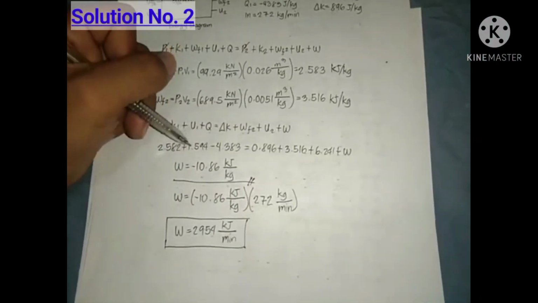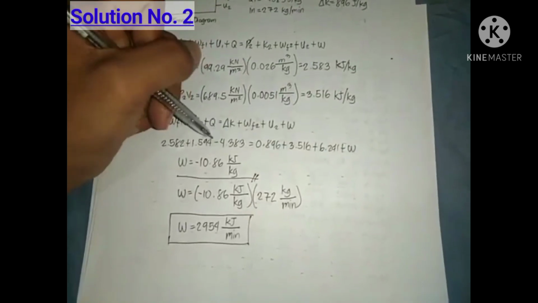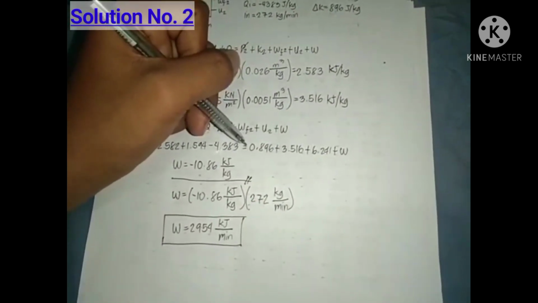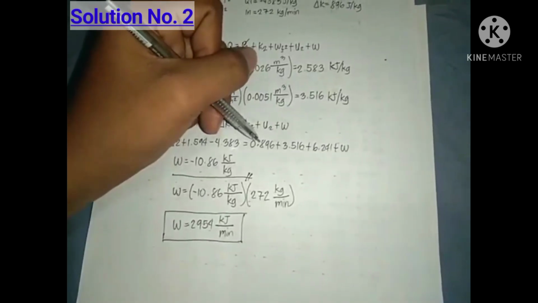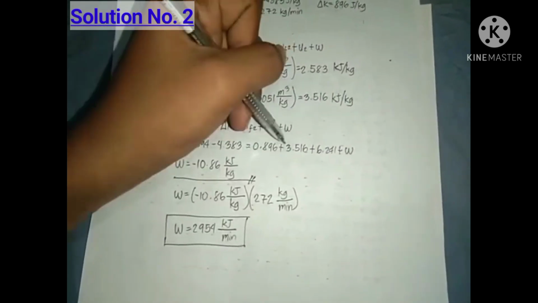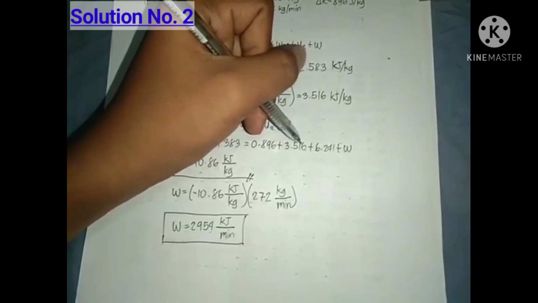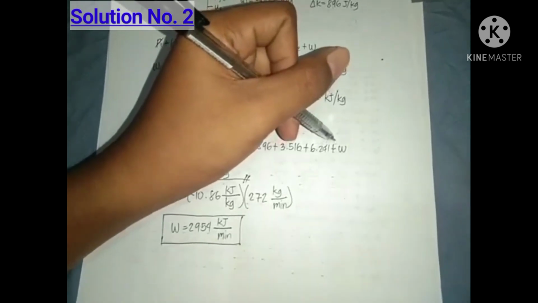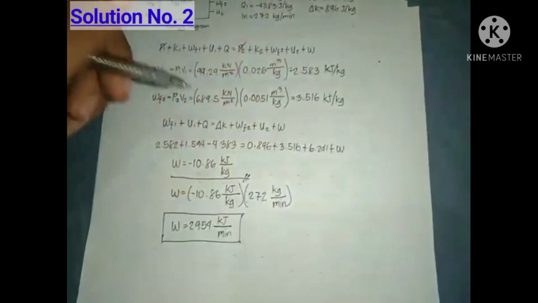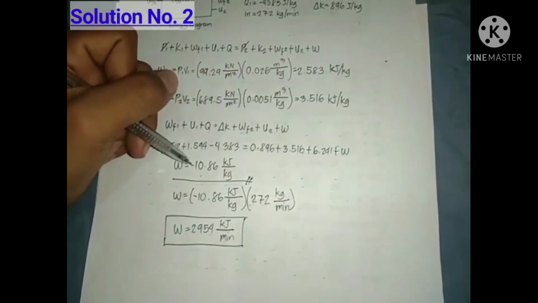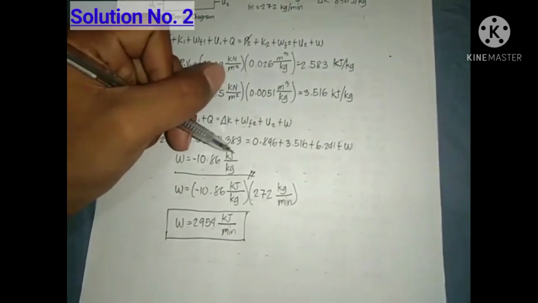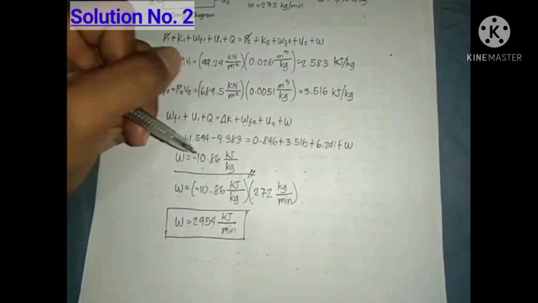2.582 plus 1.594 minus 4.383 is equal to 0.896 plus 3.516 plus 6.241 plus work. Work is equal to negative 10.86 kilojoules per kilogram.